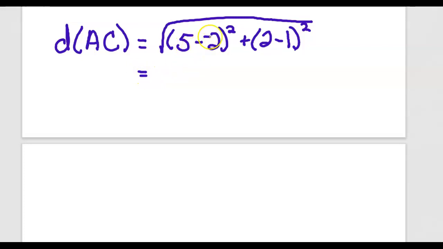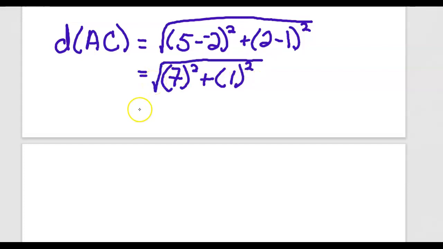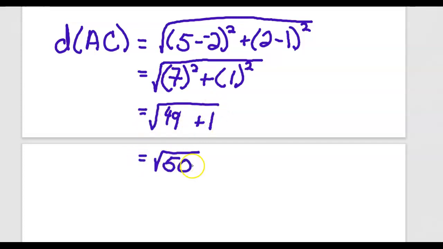And so 5 minus a -2, so that becomes 5 plus 2, which is 7 squared. 2 minus 1 is 1 squared. Notice I'm not dropping off that square root symbol. So 7 squared is 49, and 1 squared is 1. So I get the square root of 50.